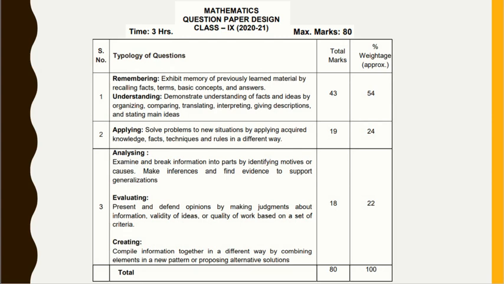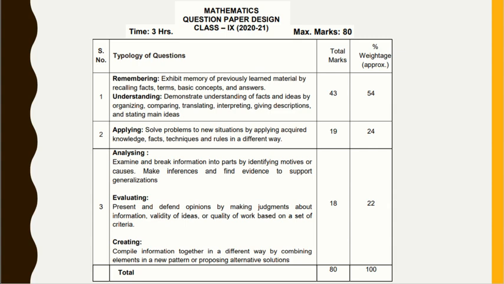It is supposed to have remembering type and understanding type for 43 marks with a weightage of 54%, applying, that is applications, for 19 marks with a weightage of 24%, and the third level of thinking, third level of cognitive, we say in psychological terms, includes analyzing, evaluating, creating.